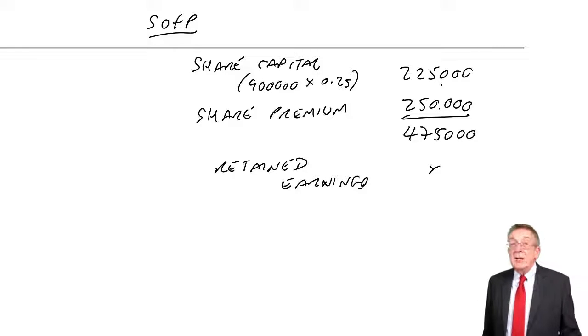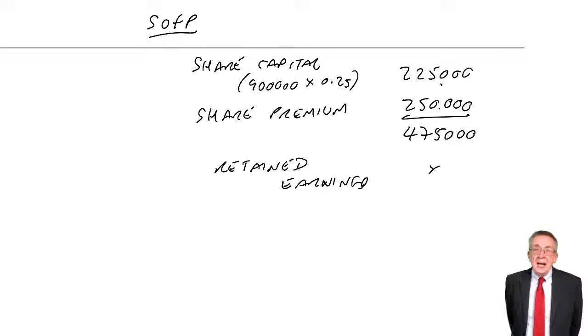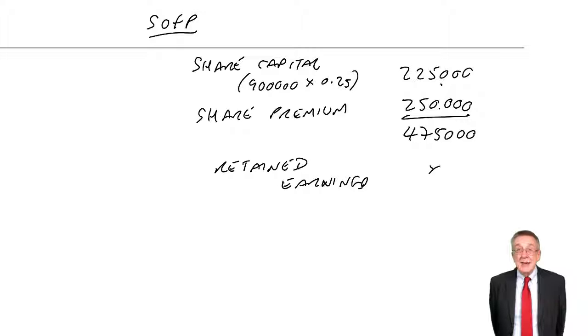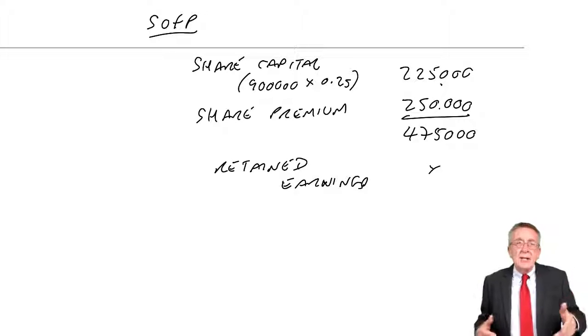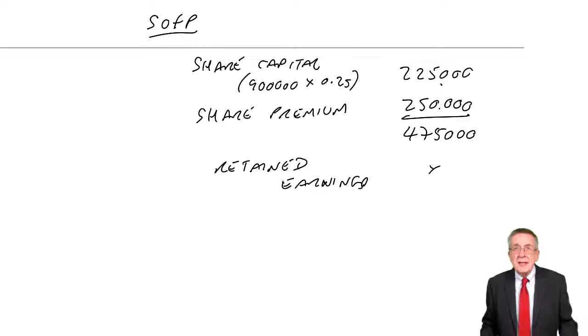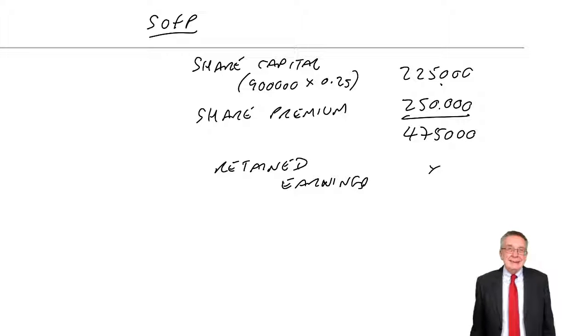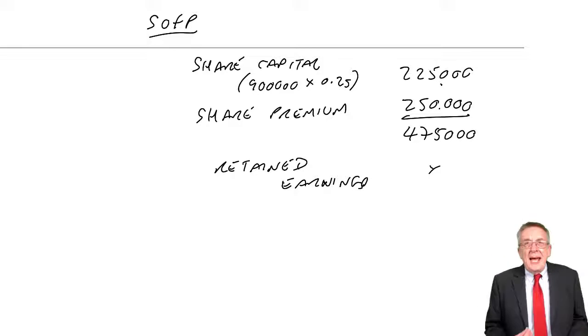The real reason, to be honest, I will tell you, but don't worry about this for the exam, is when a company has shares that are on the stock exchange, if the share price gets very high, and the price on the stock exchange doesn't affect us at all for this exam, people get scared of buying them.